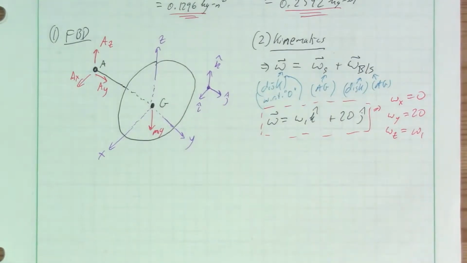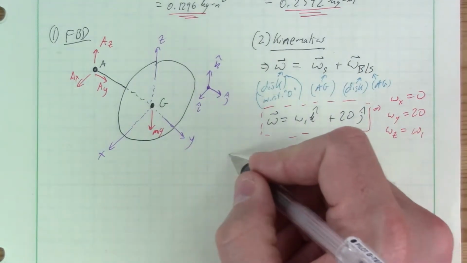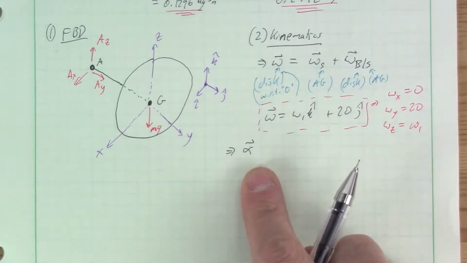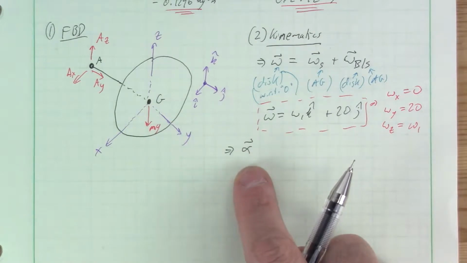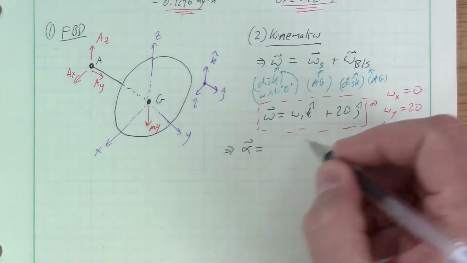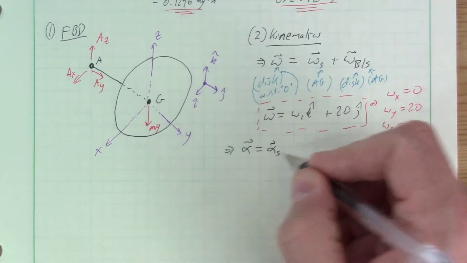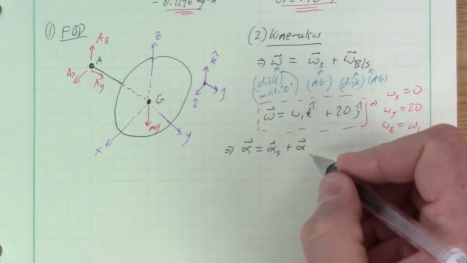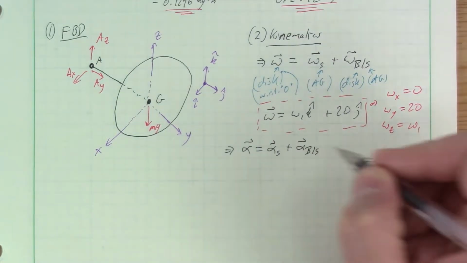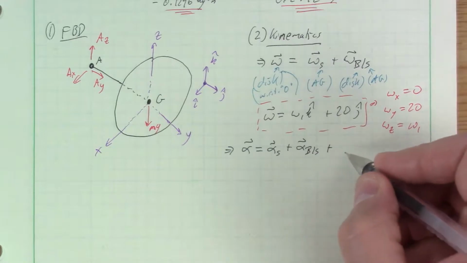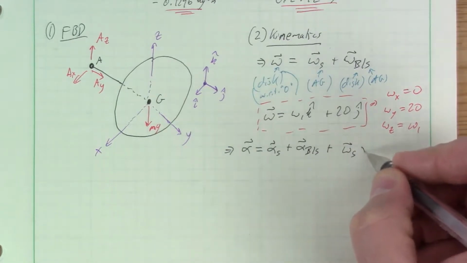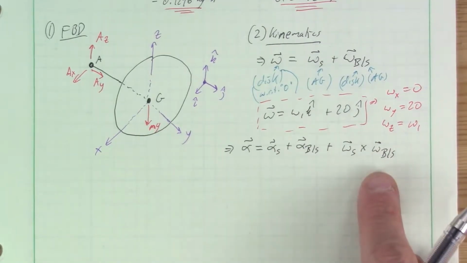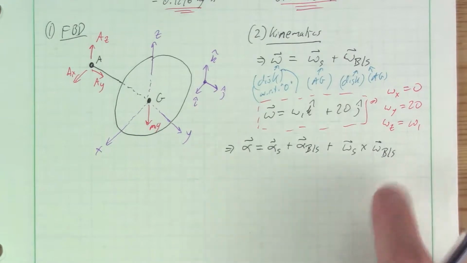Okay. All right, so we also have a relationship for the accelerations, which we know show up later. So the acceleration, and I'm going to stop subscripting these, instead I'll just say out loud what they are. This is the acceleration of the disk. That is related to the angular acceleration of the secondary, so that's the axle AG, plus the angular acceleration of the body with respect to the secondary, plus the cross product of the secondary's angular velocity with the relative angular velocity of the body with respect to s.